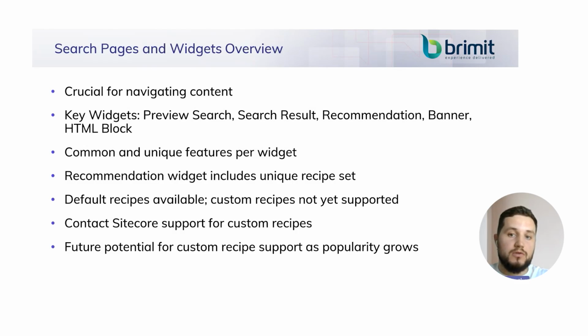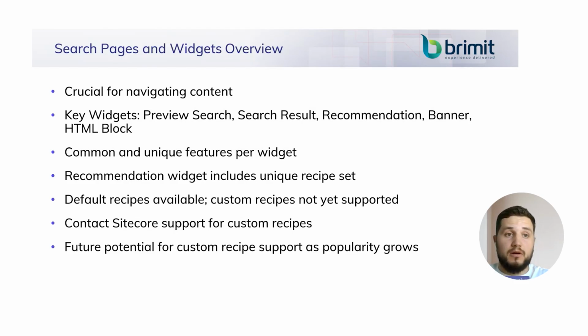For each entity used in the recommendation widget, you must select a specific recipe. Sitecore provides default recipes, about 13 of them. Currently, you cannot add a custom recipe, but if you need something custom, you can write to Sitecore support and they will add it.